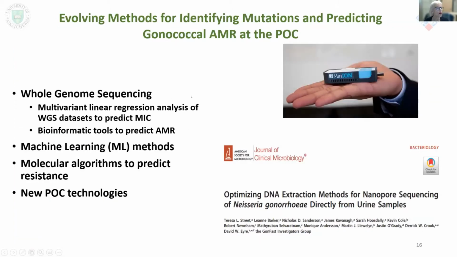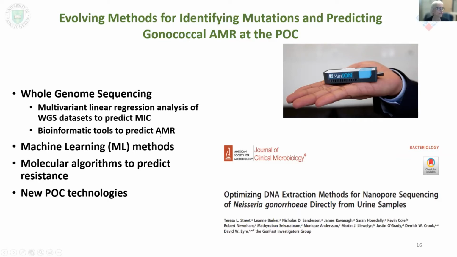So what are the evolving methods for identifying mutations and predicting gonococcal AMR? Well, whole genome sequencing is evolving for surveillance, as Irene just pointed out. However, the use of MinION nanopore sequencing directly from urine samples, and trying to predict resistance at the bench based on genome sequencing, is still challenging.